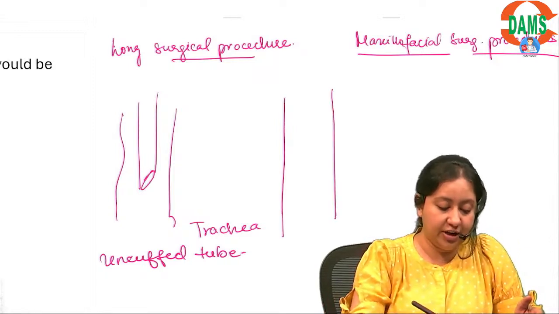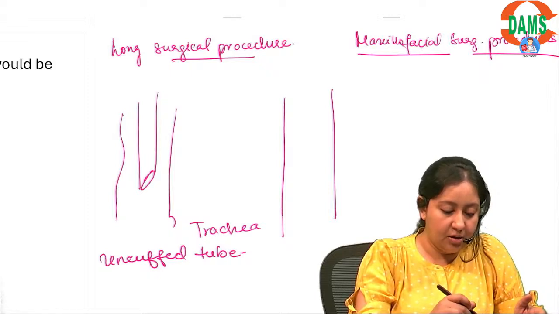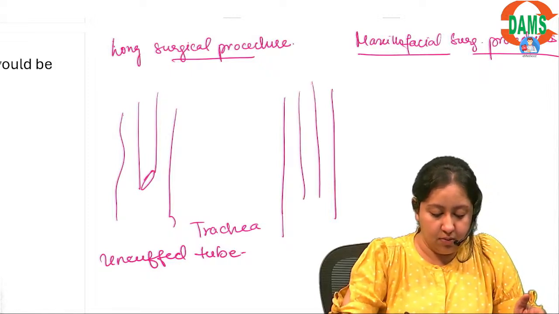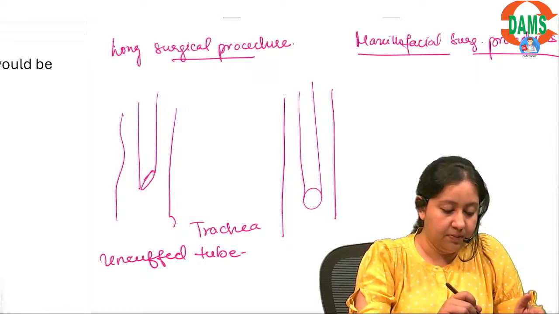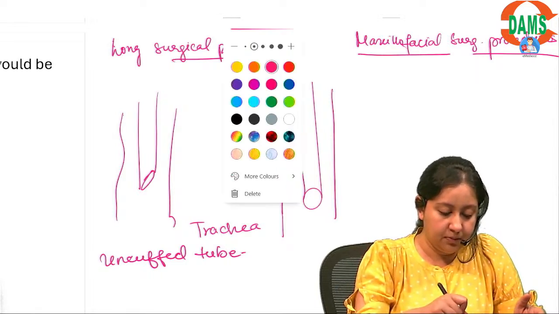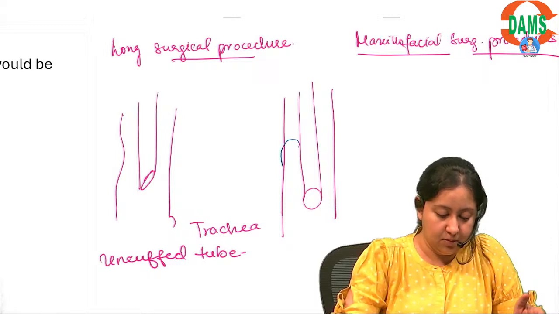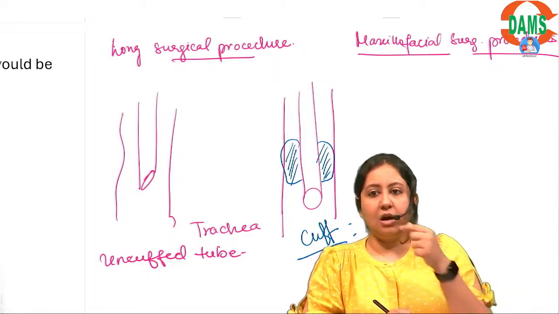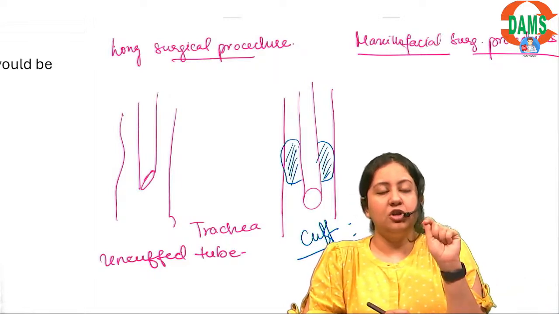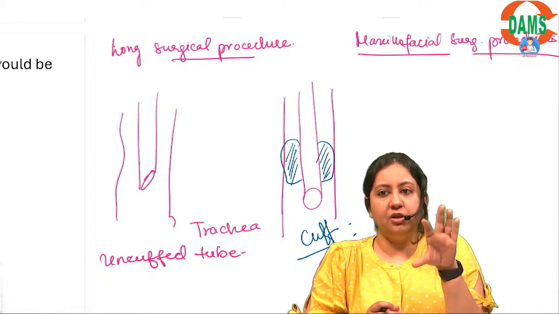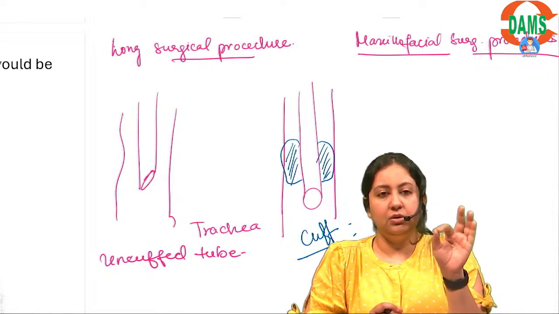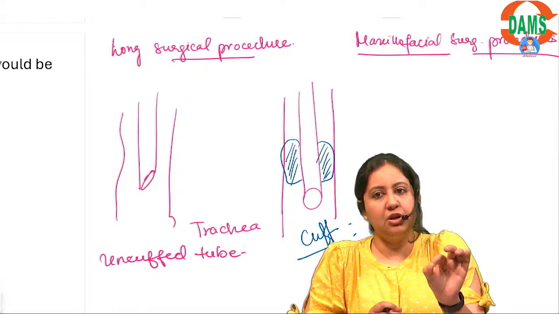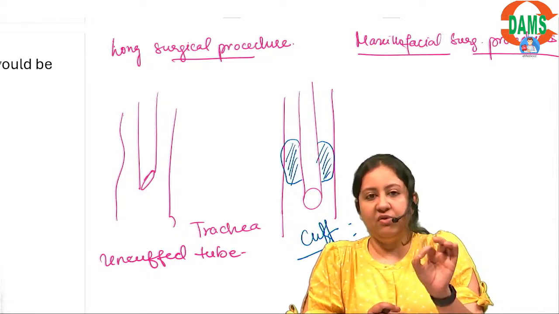Okay, this is your trachea. This is a cuffed tube. Once you have found that bilateral air entry at this point is absolutely perfect, you inflate the cuff.